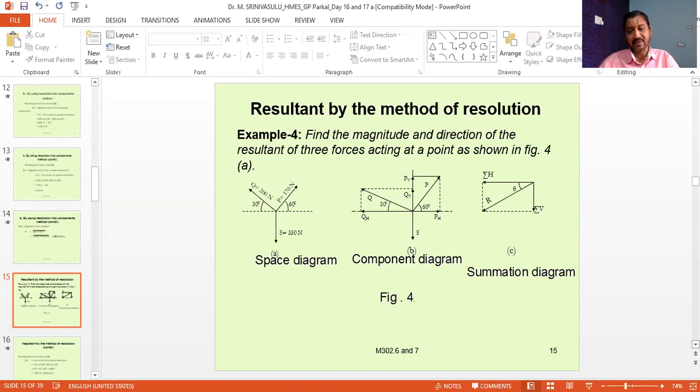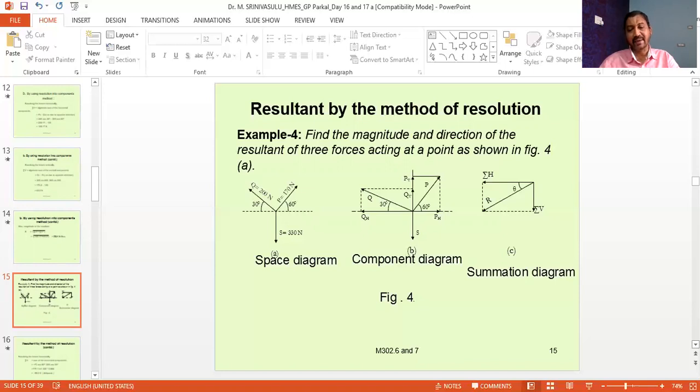P is resolved into PH, the horizontal component of P, and PV, the vertical component of P, and the force Q is resolved into two forces, QH, the horizontal component of Q, and QV, the vertical component of Q. And the third force is the force S, acting vertically downwards.